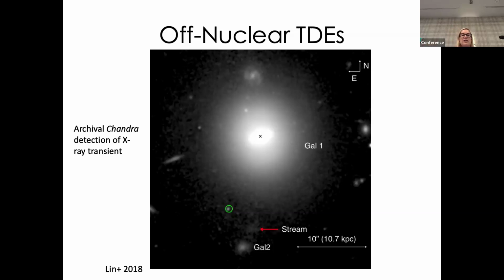And so initially, there was actually a detection back in 2018 from archival observations by Chandra that indeed detected an X-ray flare, but there wasn't a redshift confirmation of the source to confirm that it was indeed associated with the central galaxy.